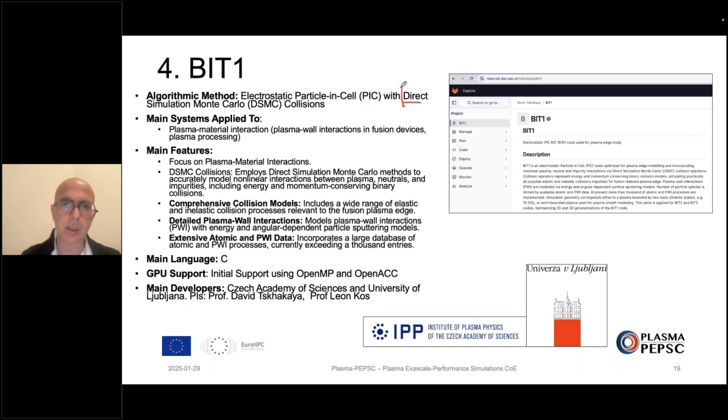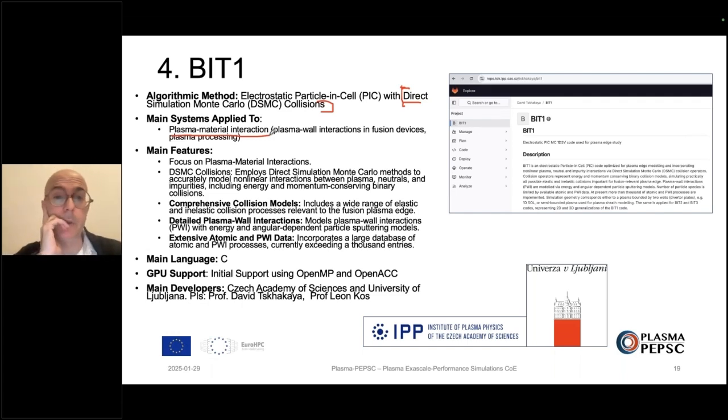So it is a super unique code. It is an electrostatic code with a collision model, and it provides a very accurate description of plasma-material interaction.